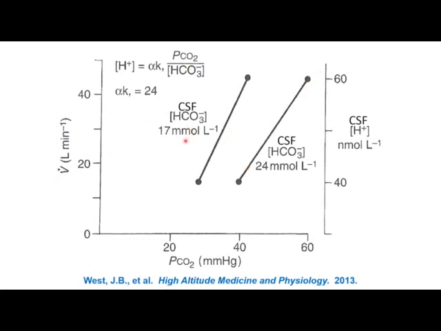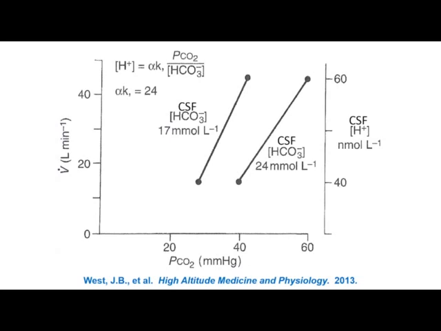But if we have decreased bicarb in cerebral spinal fluid, then one, the takeoff point, the point where ventilation starts to increase, is at a lower PCO2, and the slope of the line is slightly greater. So more decreased CSF bicarb or more CSF hydrogen ion concentration increase both the slope and improve the position of the hypercapnic ventilatory response.